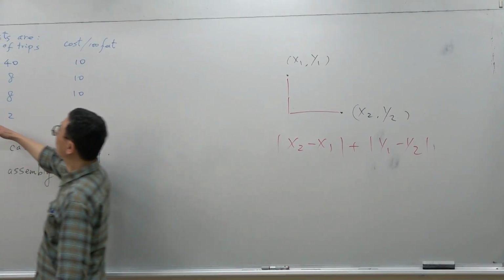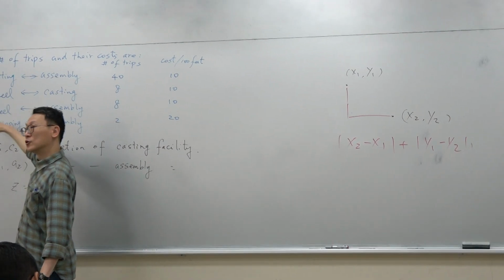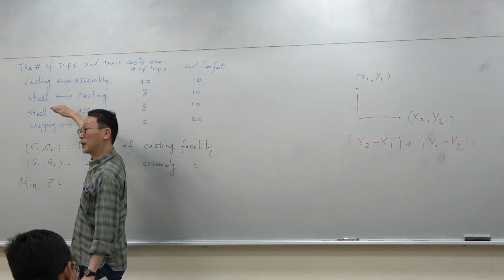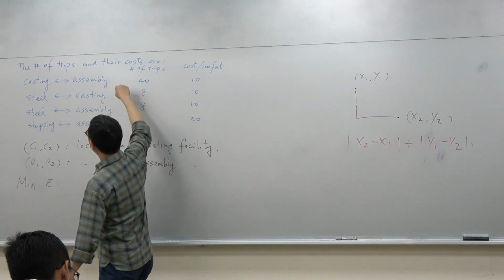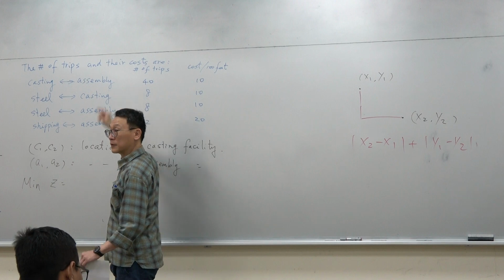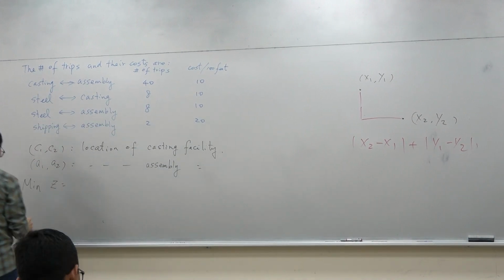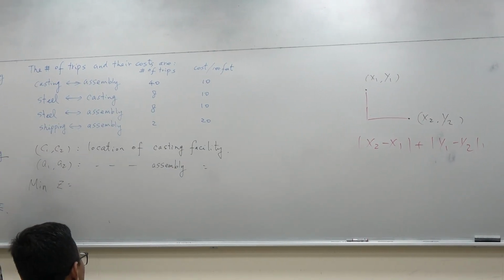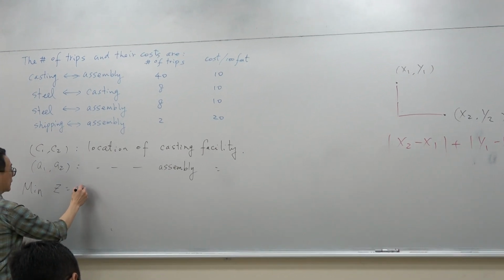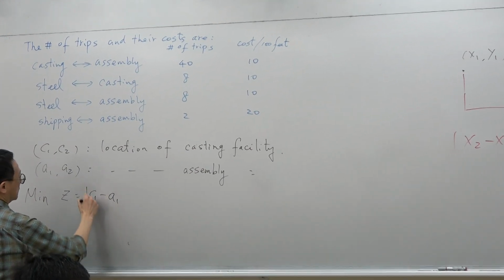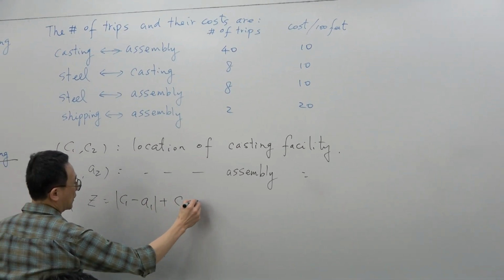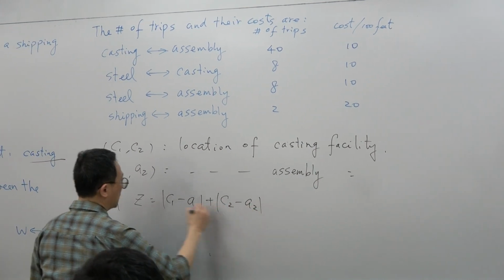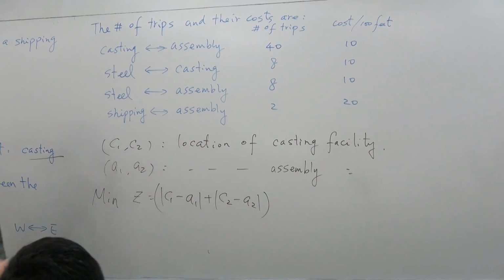Since we have 4 different types of trips, we calculate for 4 different types of trips. The first one, casting to assembly, will be the absolute value of C1 minus A1 plus the absolute value of C2 minus A2. That's the total distance.